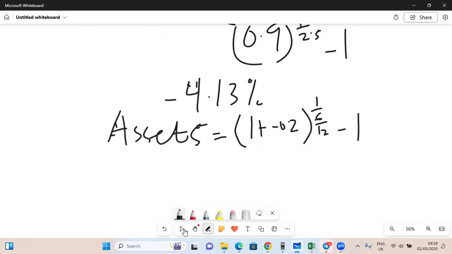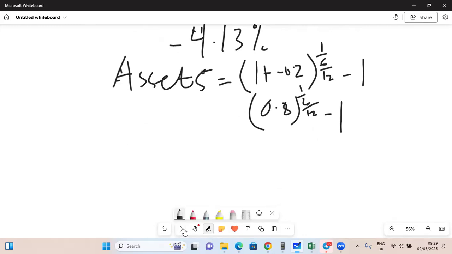So it's going to be 0.8 raised to the power 1 over 6 over 12 minus 1. And then we are going to get negative 36%.